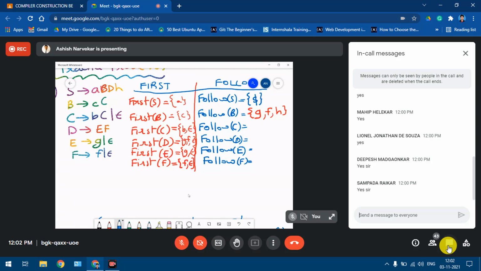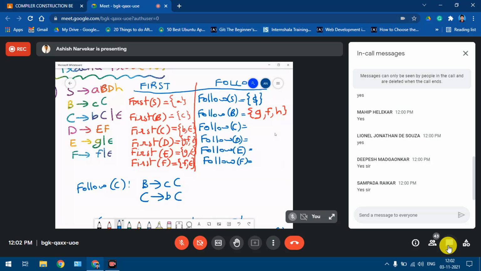Now what we want to find is the follow of C. For this, we need to visit those productions which contain C on the right hand side. So we have two productions, B derives small c capital C, and C derives small b capital C. Only these two productions have it, correct?